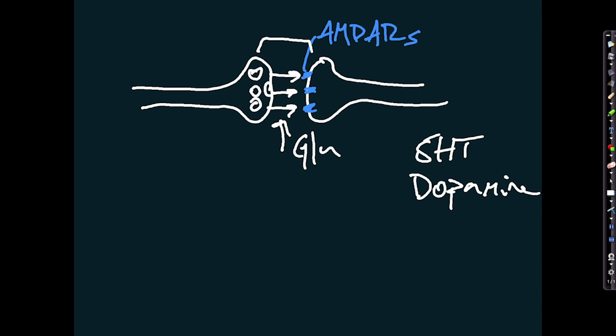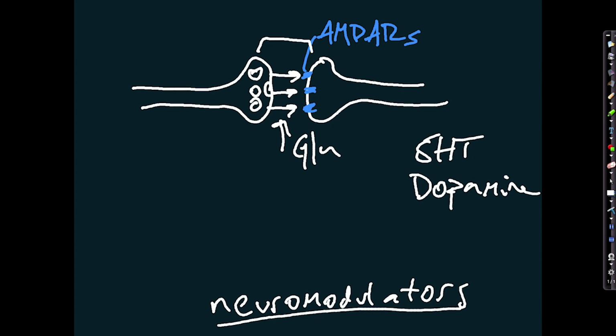Do I need to write that out? I'm going to write it out anyway. I'll write it at the bottom. Neuromodulators. Okay, in fact, I think I might even clean off this board. So neuromodulators, whereas neurotransmitters tend to have a very fast and short-lived effect.